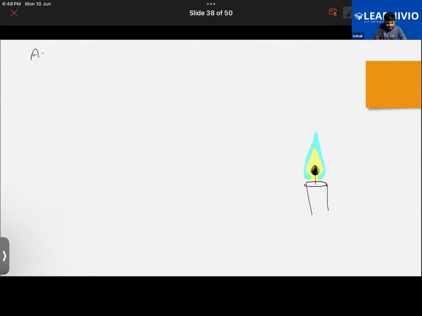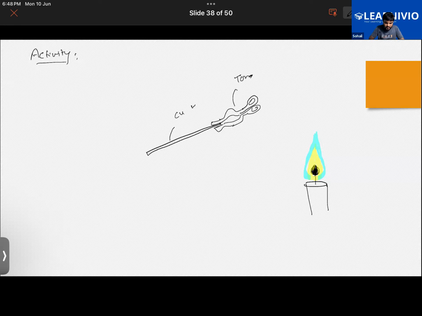Our activity aims to show that the outermost zone of the candle flame is hottest. So what you are going to do, you are going to take a long copper wire and again hold it using a pair of tongs. That is tong. That is your copper wire.